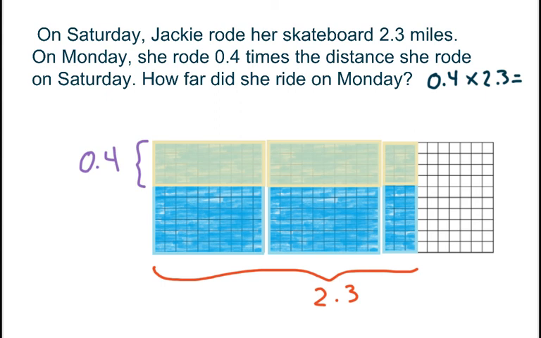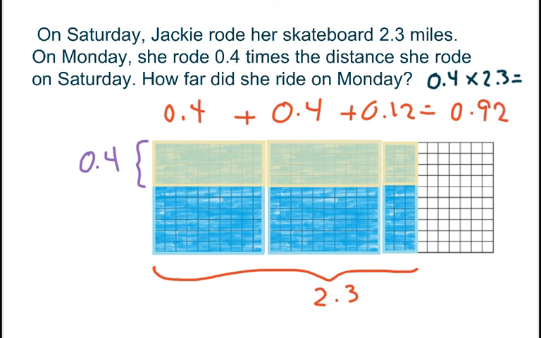So the overlapping portion shows that 4/10 of one whole plus 4/10 of one whole plus 4/10 of 3/10 gives us partial products of 4/10 plus 4/10 plus 12/100 for a total product of 92/100, meaning on Monday, Jackie rode her skateboard 92/100 of a mile. I wonder where she was going.